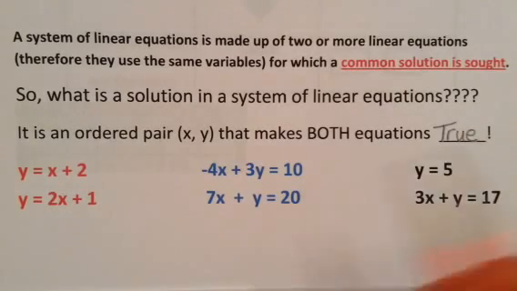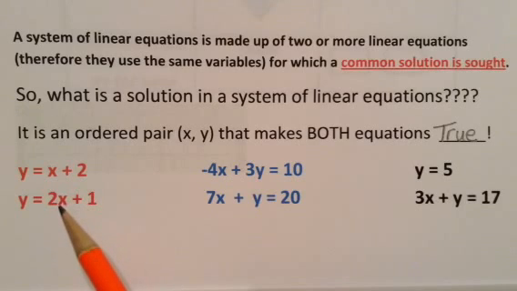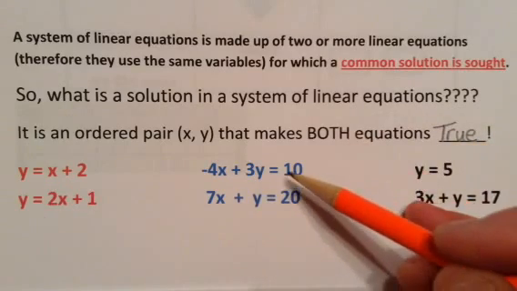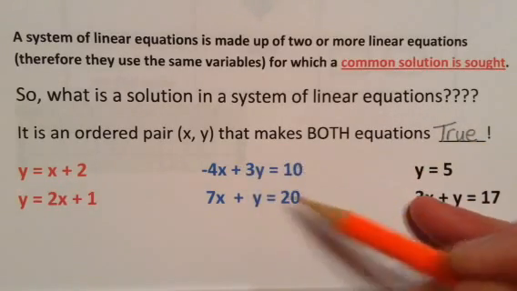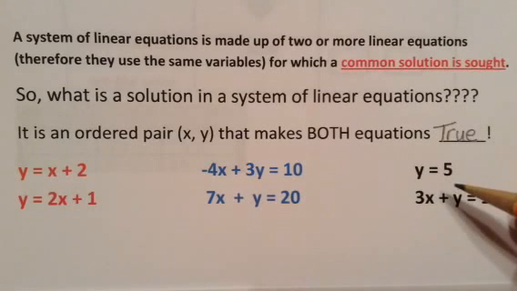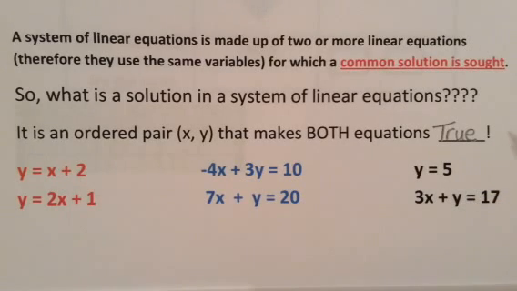We want an ordered pair, an x and y, that will make this first red equation true and this second red equation true. The same ordered pair has to work in both of these equations, and they both have to make it true. Whatever ordered pair over here makes this true, it has to work in the first guy and then in the second guy. Same thing over here. The ordered pair has to work in both the first and the second guy. It's got to work for both. It's all or nothing, folks.